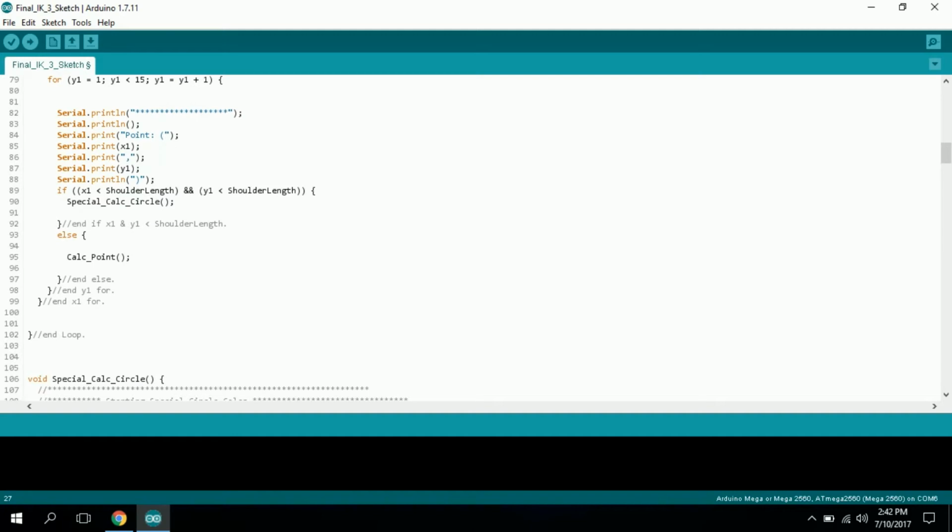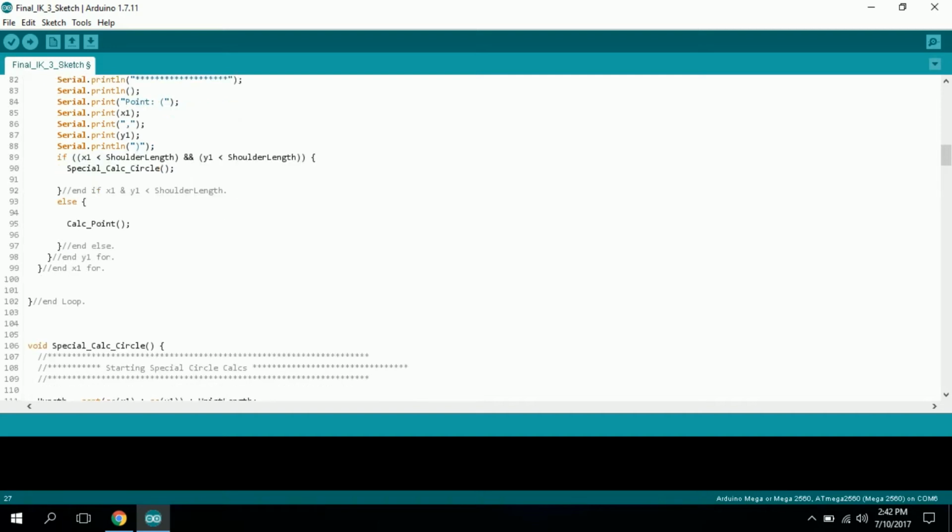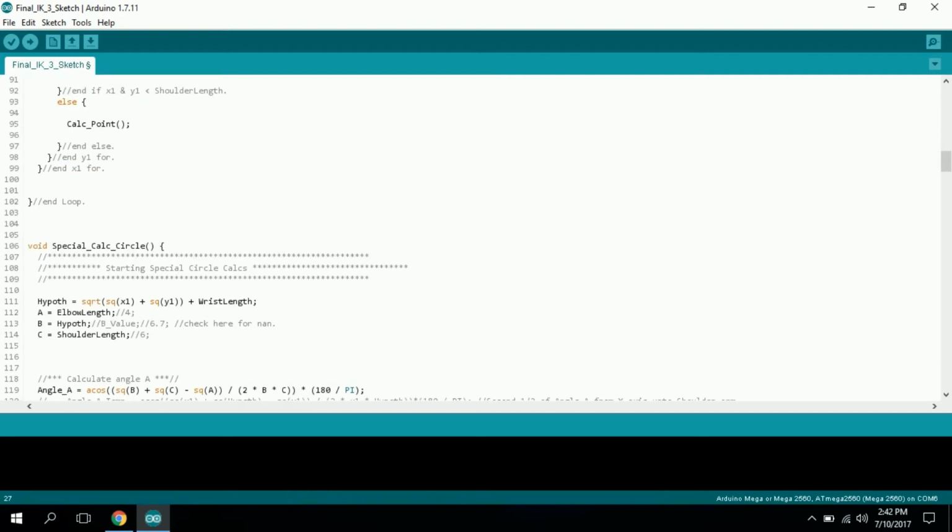And that's all I do for the loop. I just print out the point, and then I either call the circle inside the 6-inch radius, or I calculate the point outside the 6-inch radius. And so the calc point, and this should really probably be the special calc point. I put circle. I probably will change that.